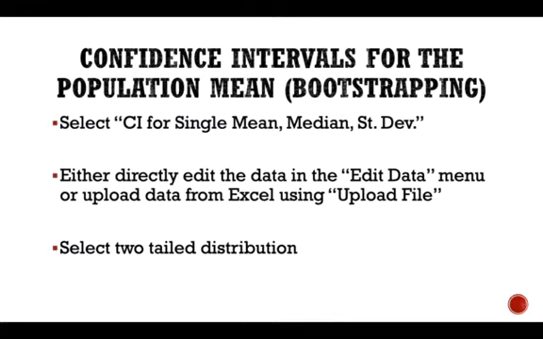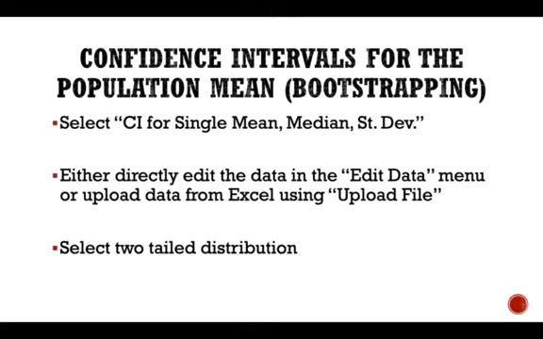So, bootstrap confidence intervals for the population mean. We're going to be using StatKey, and just like before, we're going to find the column that says bootstrap confidence intervals, and then confidence intervals for a single mean. Unlike the previous examples where we were doing proportions, I'm going to have to enter in a large data set here.